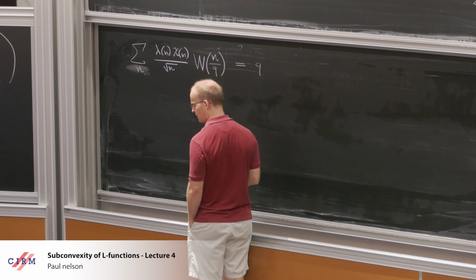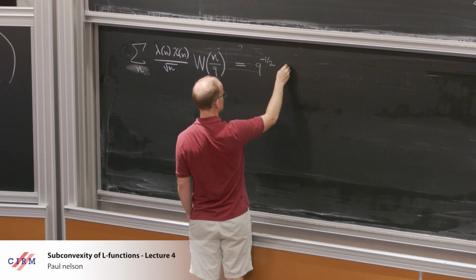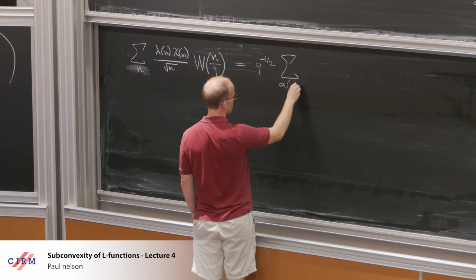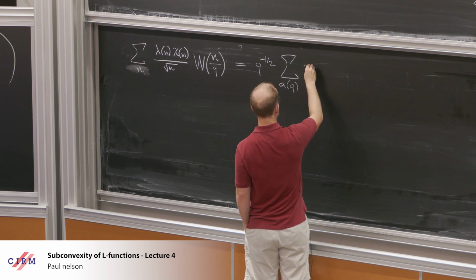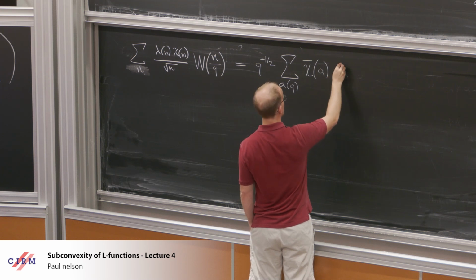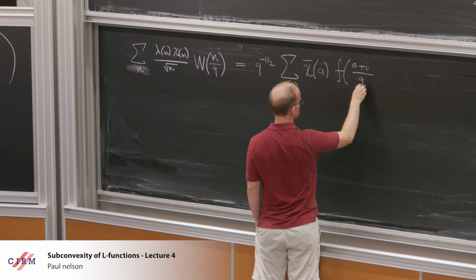It should be q to the negative half, times the sum over a mod q of chi bar of a, f of a plus i over q.